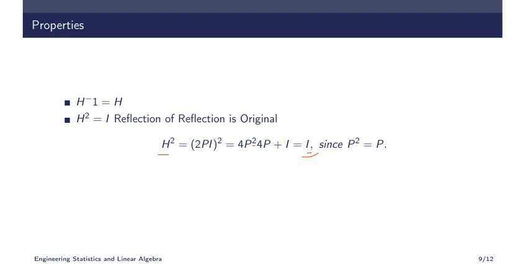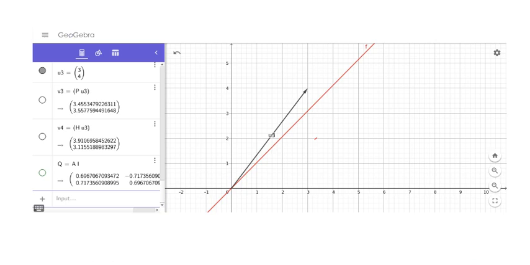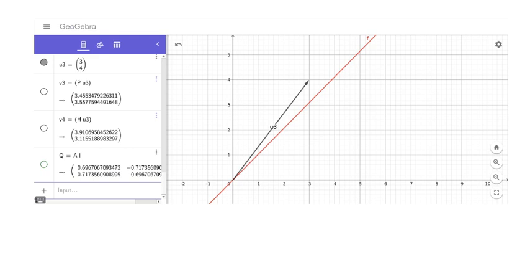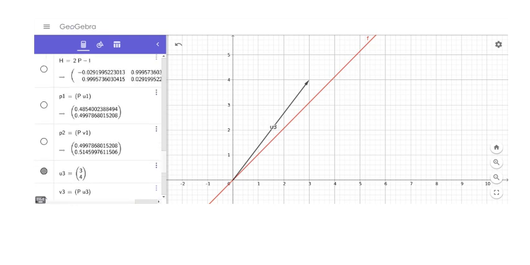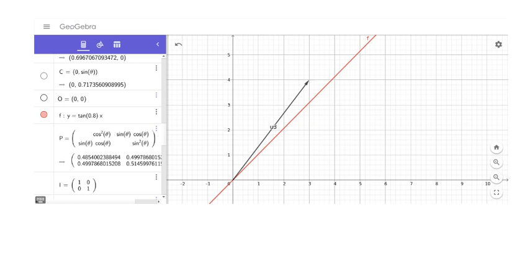So we have GeoGebra here. We will see the reflection as well as projection in GeoGebra. I have taken a line y equal to mx, with any slope, with an angle theta.